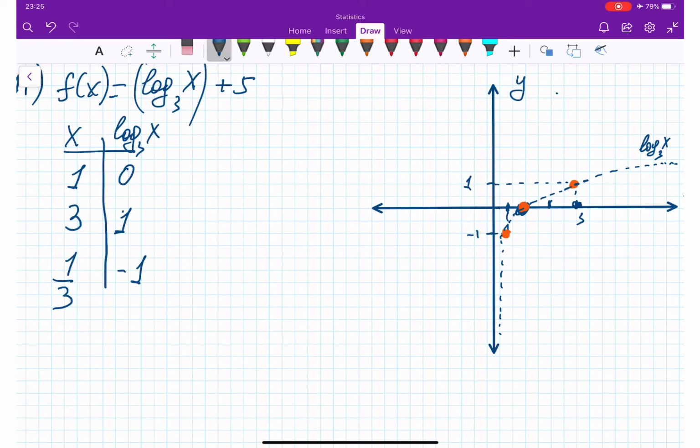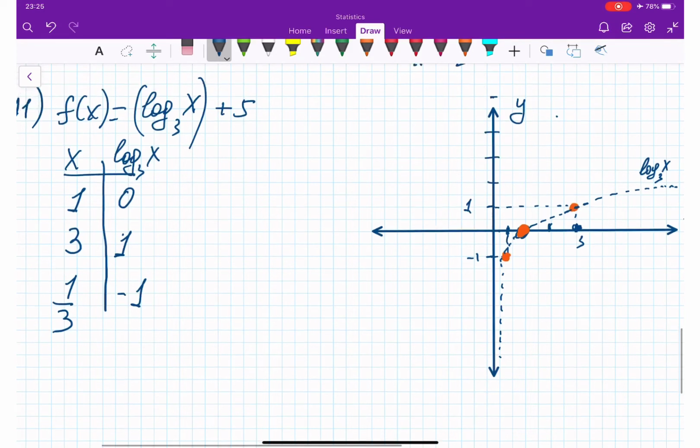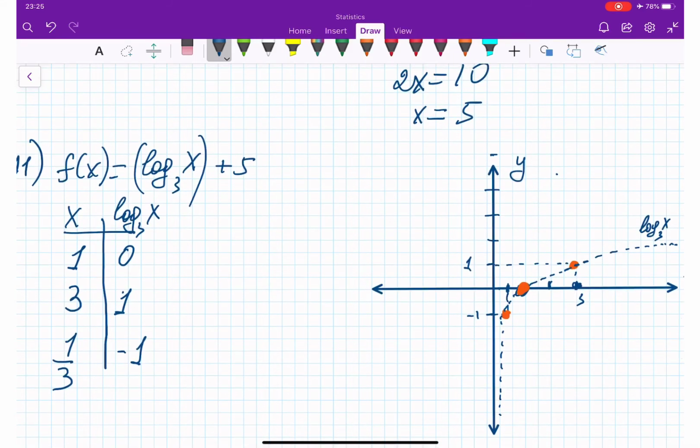What does that mean? That means this point 1, 0 that we have here is going to move up by 5. So let me see, 1, 2, 3, 4, 5.